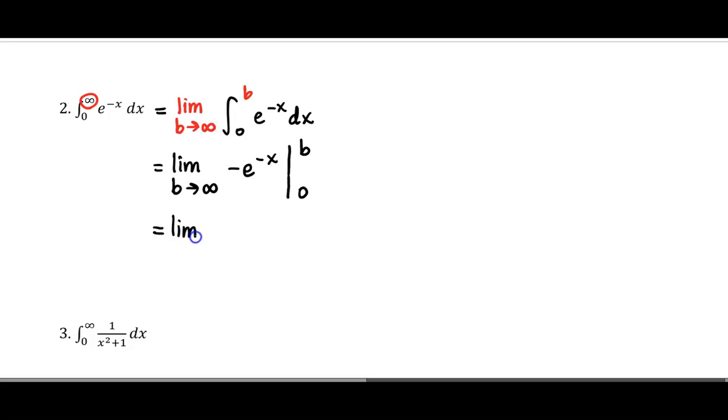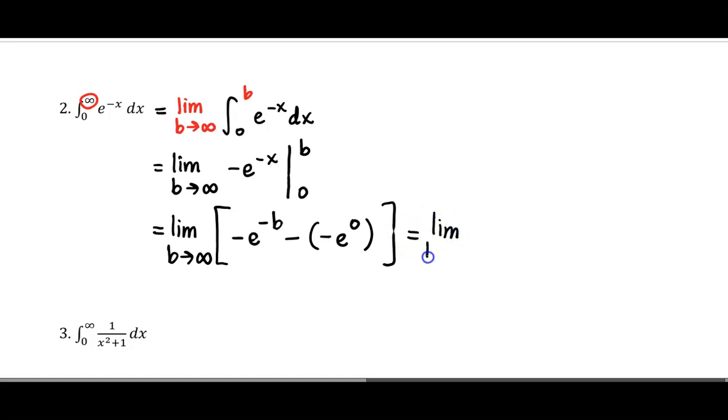So we have the limit as b goes to infinity of negative e to the negative b minus negative e to the 0. I'm going to rewrite this just to make it a little bit easier for us to evaluate. This negative sign in front is just like a -1.